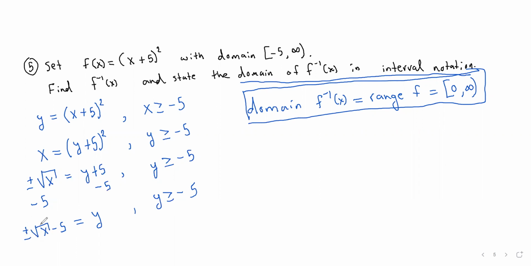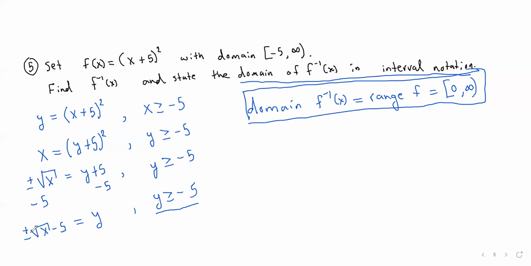So first notice that the square root can never be negative. It's always a positive number. We have that the values of y have to always be greater than -5. If I chose the minus option, then I would be taking -5 minus another number, so I would end up with y values less than -5.